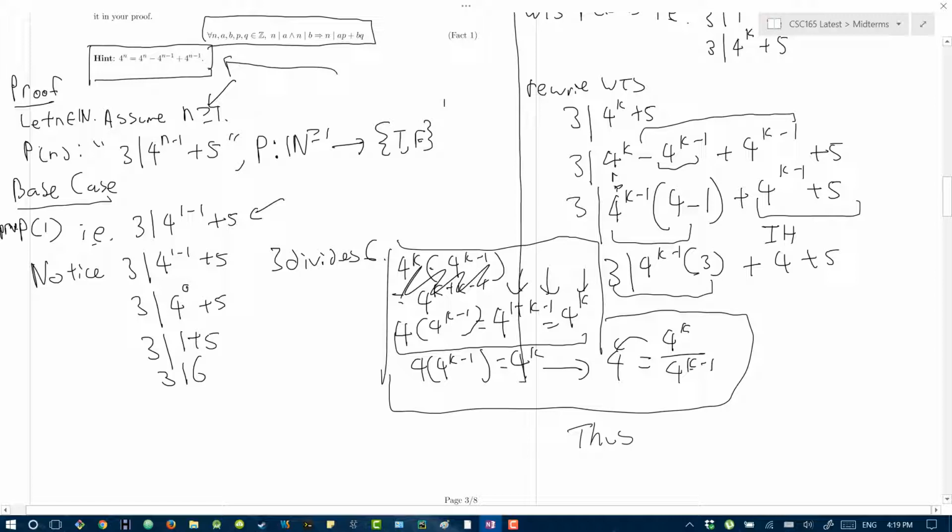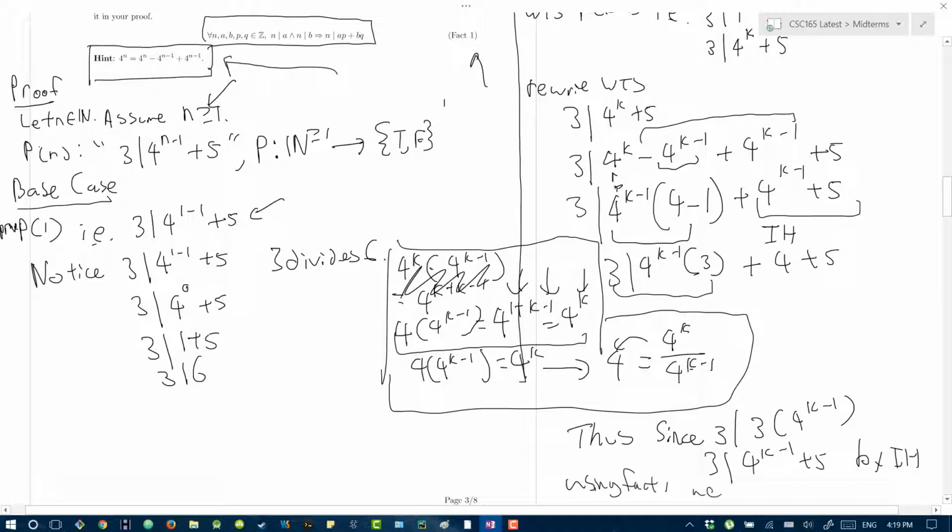Okay, then we write thus, since 3 divides 3 times 4^(k-1), and 3 divides 4^(k-1) + 5 by IH, and we use this fact here. Using fact 1, we know P(k+1). And that's just about how we do it.